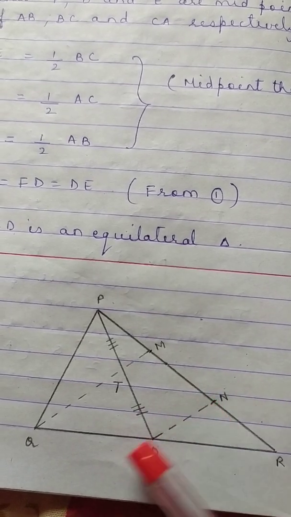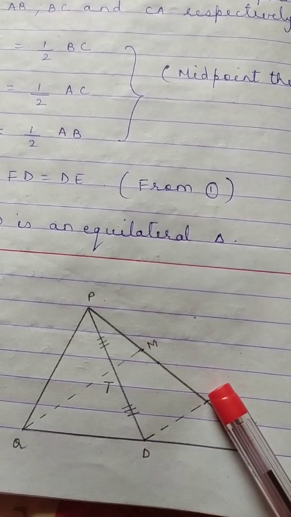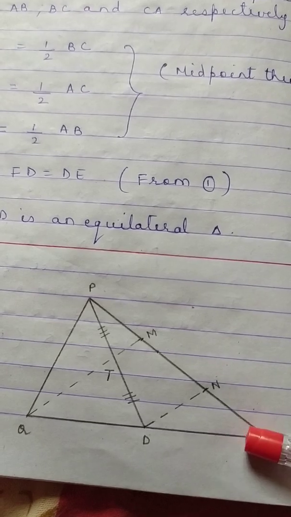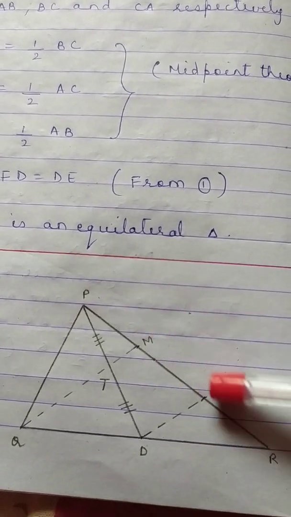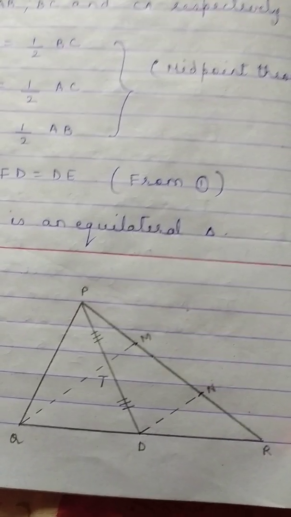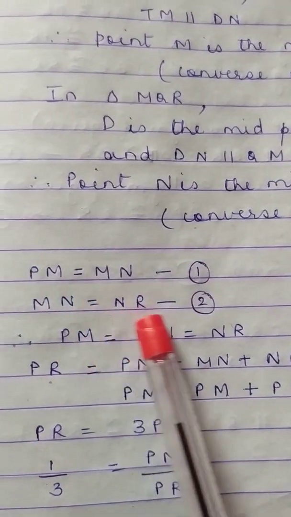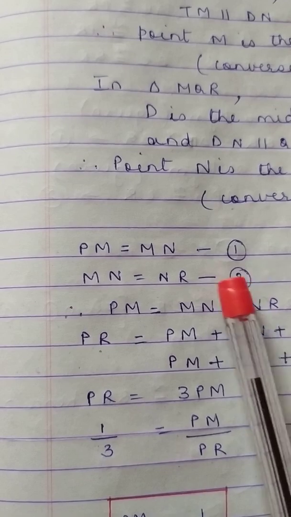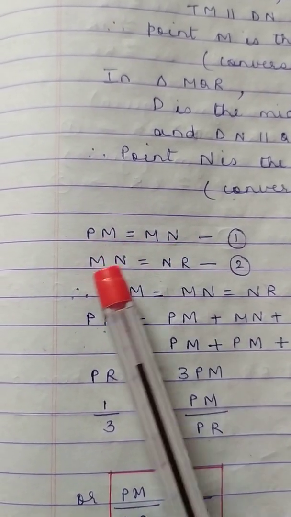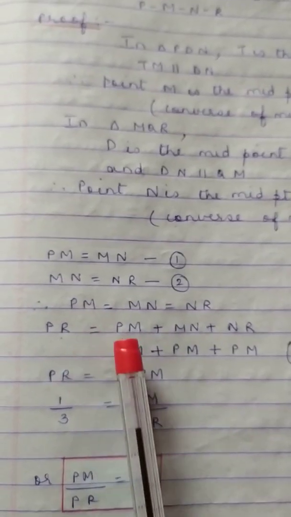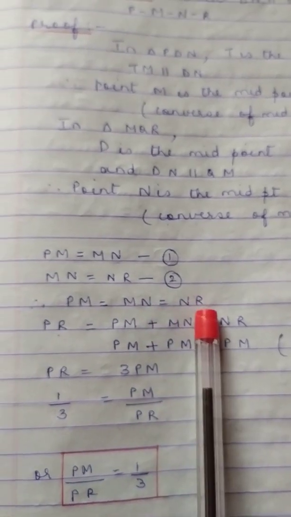This is the midpoint, it's parallel to the second side. Therefore, it will bisect the third side according to the converse of the midpoint theorem. Therefore, MN is equal to NR. So, this is your second equation. Consider all three. PM equal to MN, MN equal to NR. So, I can write PM is equal to MN equal to NR.